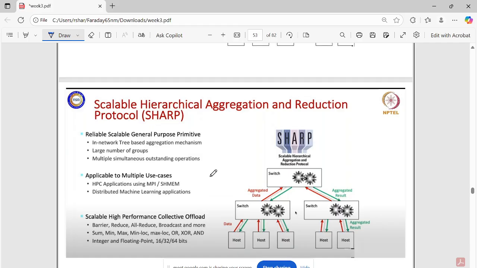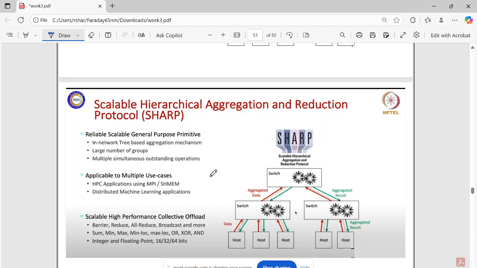I'll start with SHARP, the Scalable Hierarchical Aggregation and Reduction Protocol. We are going to use the networking element to also take part in computation. Not mathematical computation, but network-oriented computation.